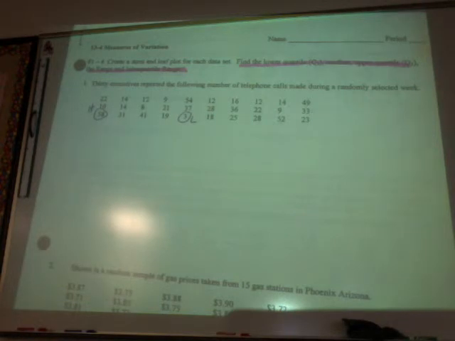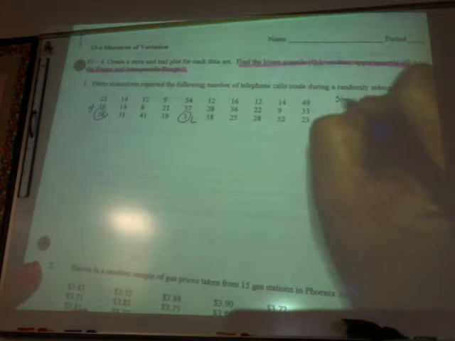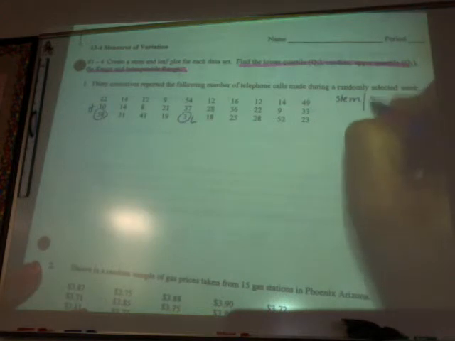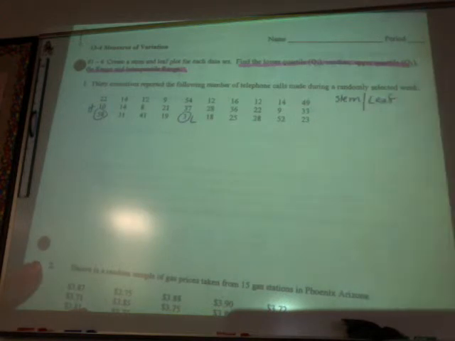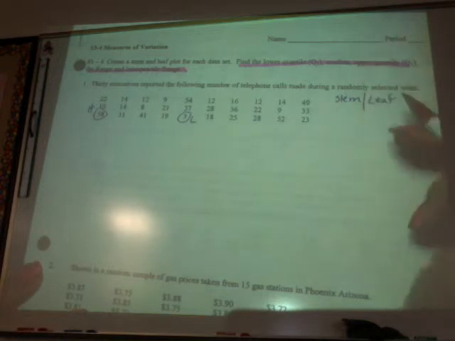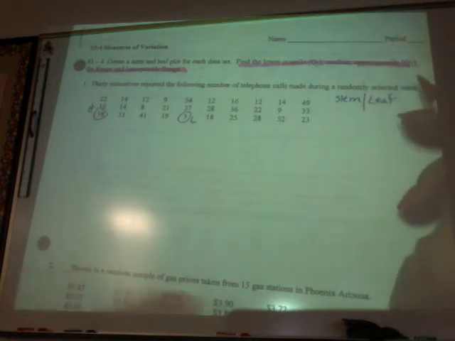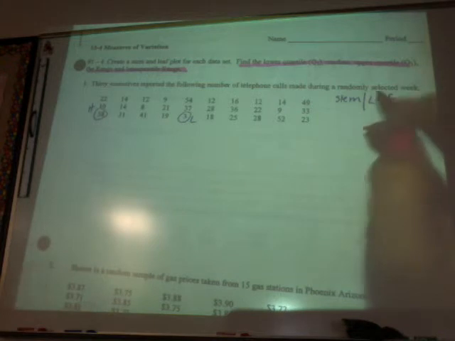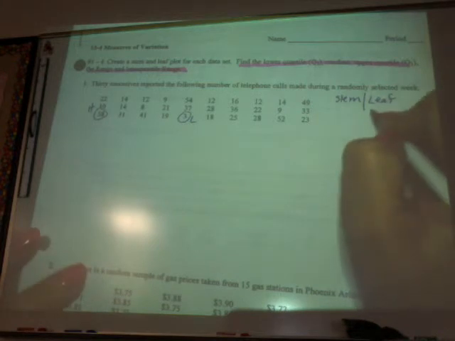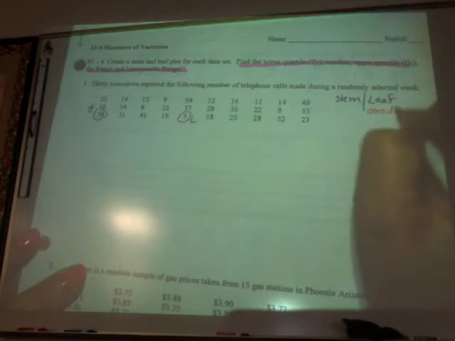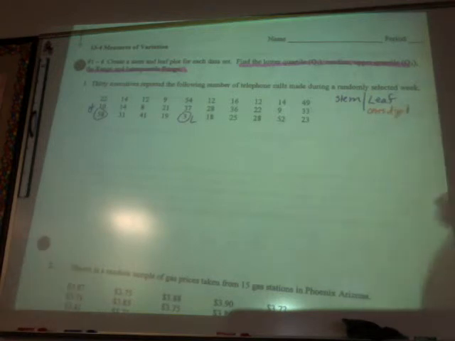So with stem and leaf, your stem versus your leaf. 9 times out of 10, your leaf is always the ones digit. So your leaves are always one number.